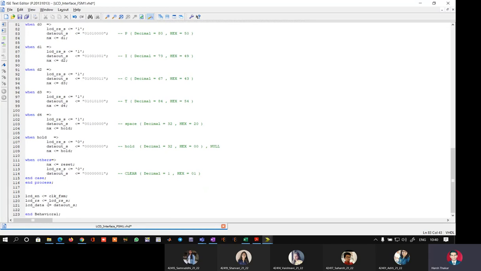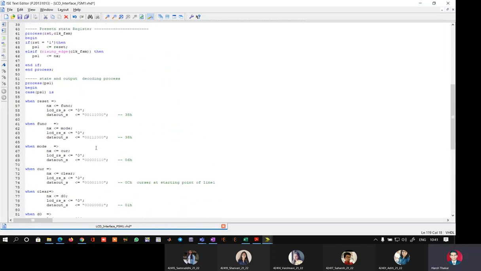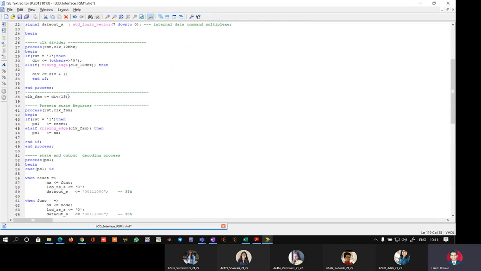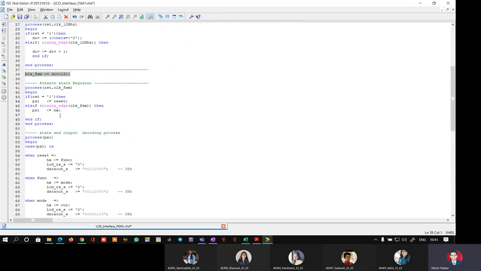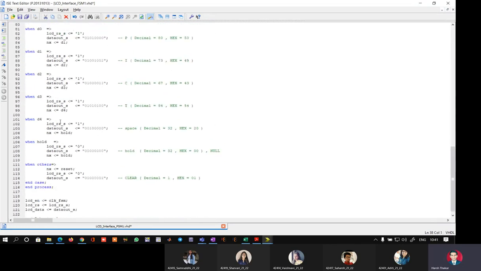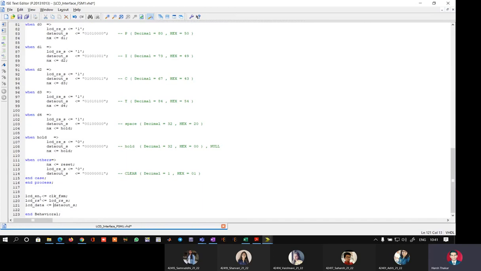Okay. Last but not the least, after the state machine process is over, line numbers 119, 120 and 121 are assigning the dummy signals to my final outputs. So clock_FSM, which is the 183 hertz signal and is also the output of process number 1 written on line number 38, is assigned to the signal LCD_EN.